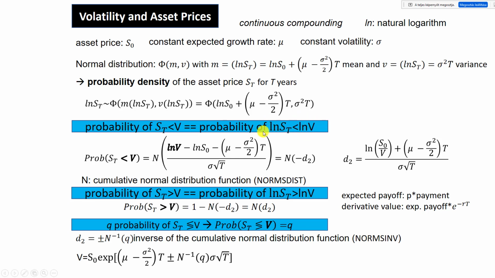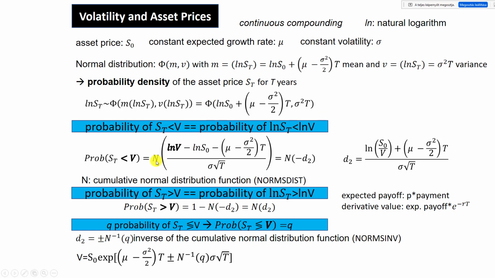The mathematics allow us to move, and at least the relation will be the same, no matter whether we are in logarithm or not. So the probability that we are under a threshold V will be based on the normal distribution. Now we have changed from this abstract equation based on the normal distribution.